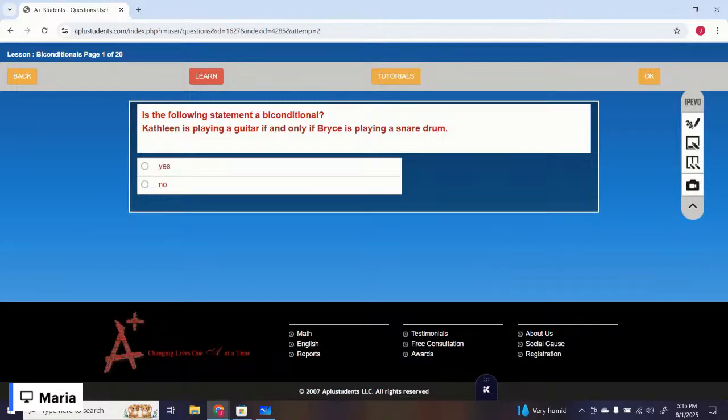Kathleen is playing a guitar if and only if Grace is playing a snare drum. So yes, that is a biconditional. Kathleen is playing a guitar if Grace is playing a snare drum. And the same way, if Grace is playing a snare drum, Kathleen is playing a guitar. The correct option is yes.